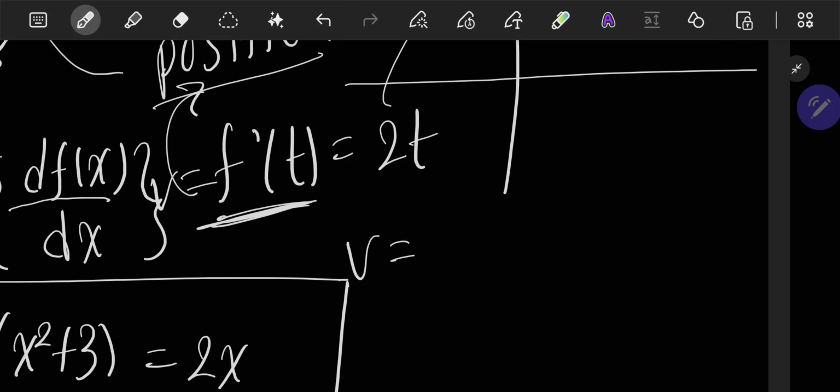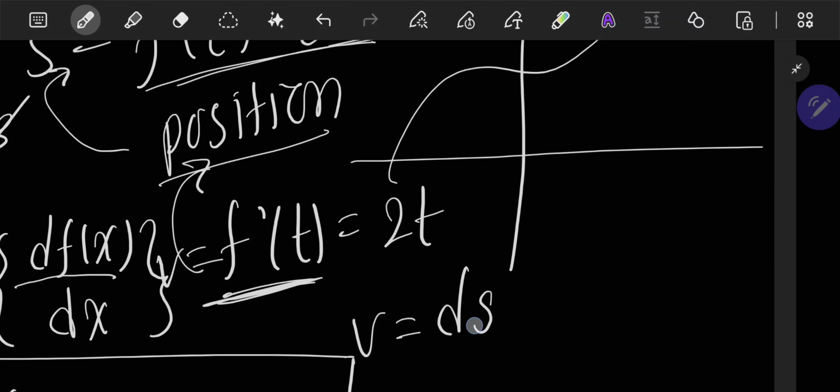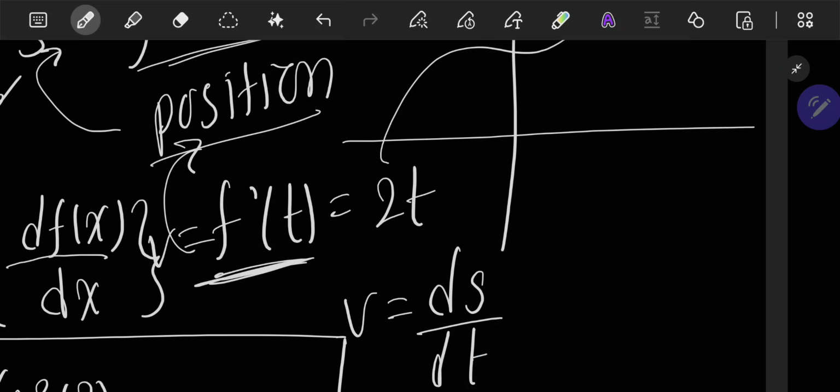So velocity is essentially just the derivative of displacement with respect to time.